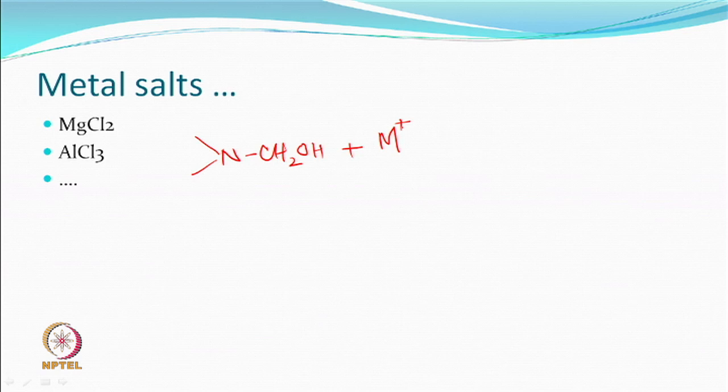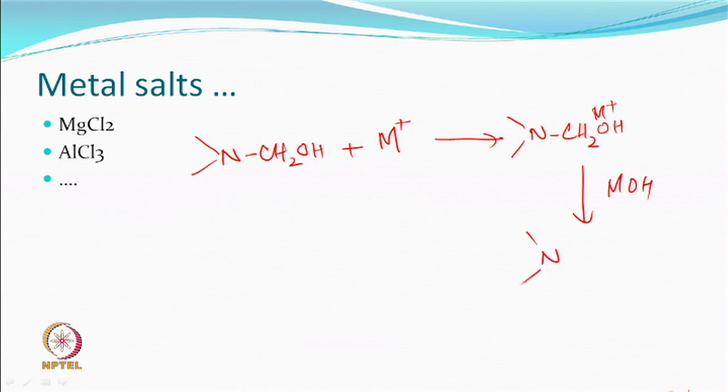Say a metal with whatever oxidation number that you have. If you have more, it will work like that. Metal hydroxide may come out, and you get again a carbonium ion. After that is the same reaction. Get the proton back.